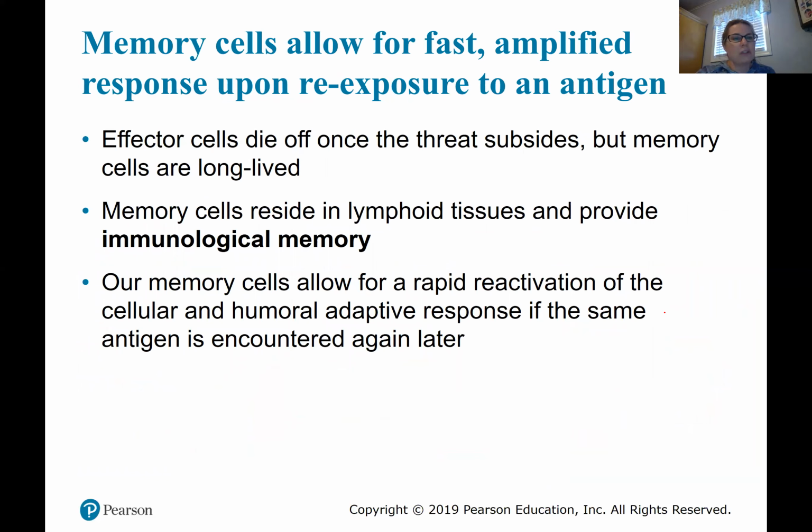Okay, so once the threat subsides, once the immune system has gotten the threat pretty much eliminated or pretty close, effector cells start to die off, and the memory cells stay and provide immunological memory. That memory is going to allow for very fast reactivation of the adaptive immunity if you're exposed again later.